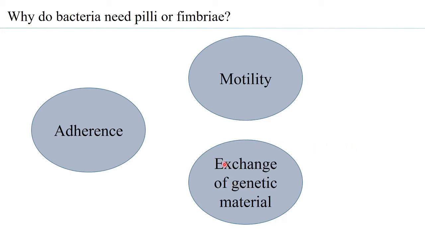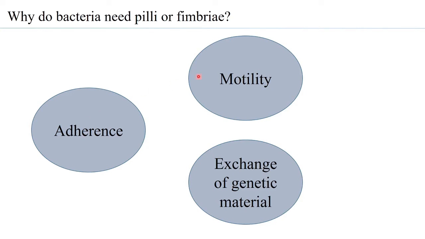Due to the presence of the resistance gene in one bacteria and that bacteria sharing it with the other bacteria, the entire polymicrobial population becomes resistant to the antibiotic. So as a community, the entire bacterial population has benefited, and that exchange of genetic material has been attributed to the pili or fimbriae.